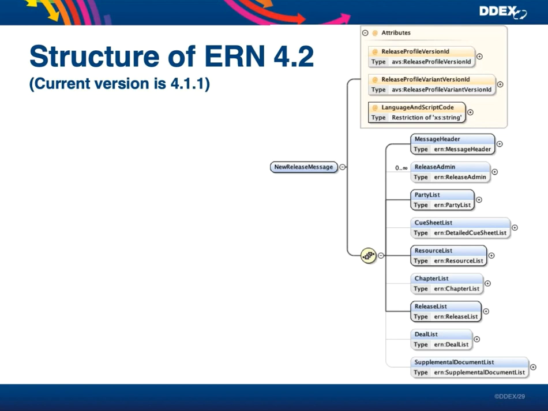There is, I'll ignore the release admin for a moment, this party list that describes parties. There is a cue sheet list which allows us, especially for videos, to say, here's a video and this contains the following cues within the video.